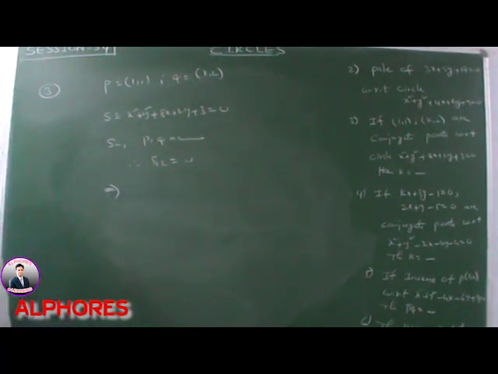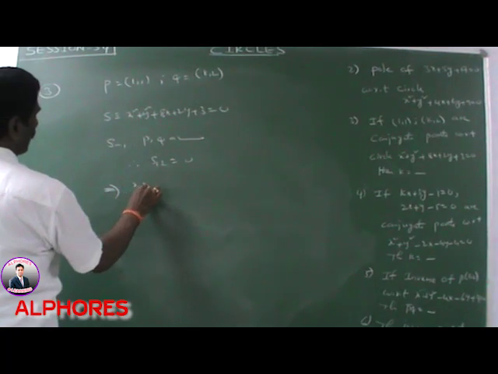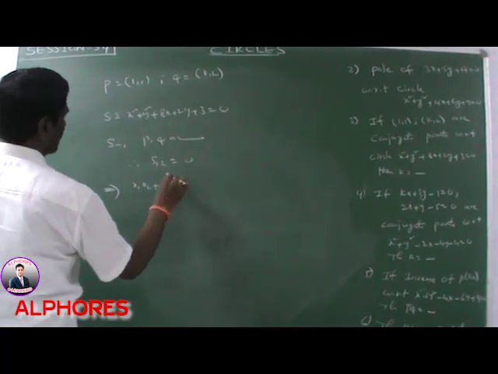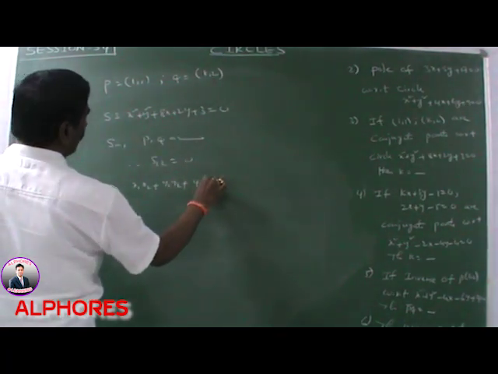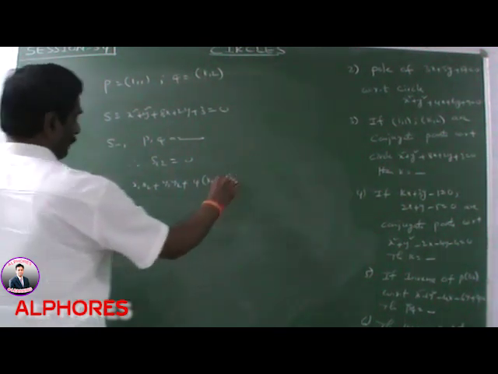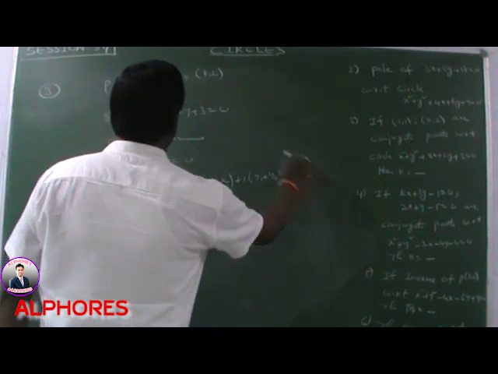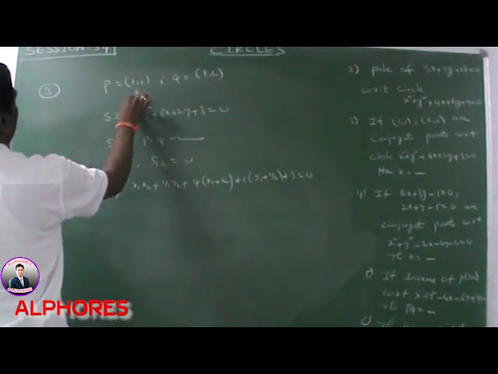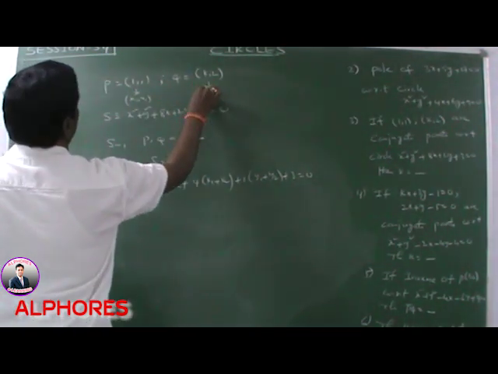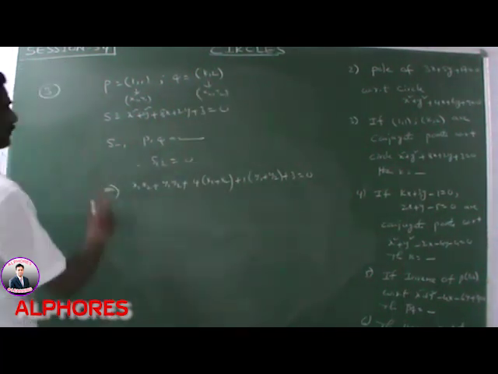What is the notation for S12? x1 x2 plus y1 y2 plus g of (x1 plus x2) plus f of (y1 plus y2) plus c is equal to 0, that means 4 of (x1 plus x2) plus 1 of (y1 plus y2) plus 3 is equal to 0. Here (x1, y1) means (1, 1), (x2, y2) means (k, 2). Substitute those points.